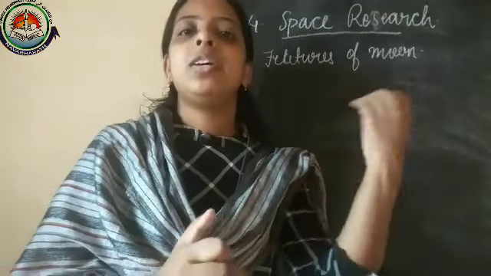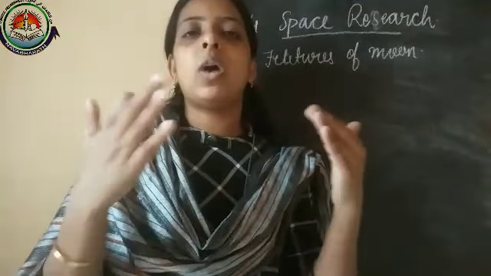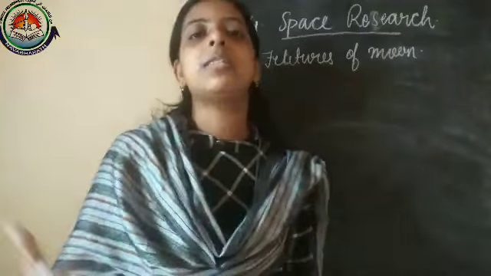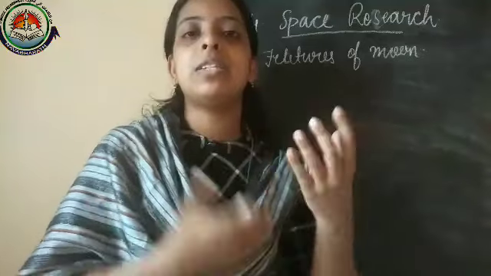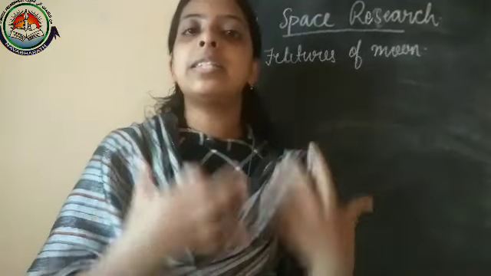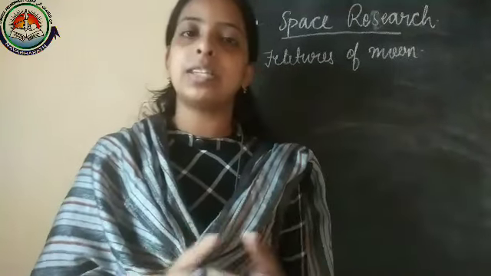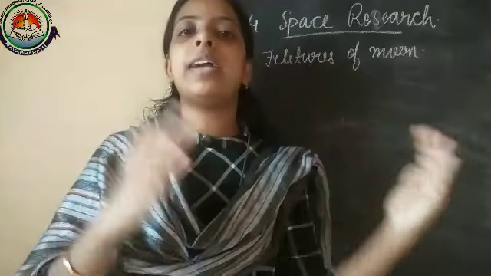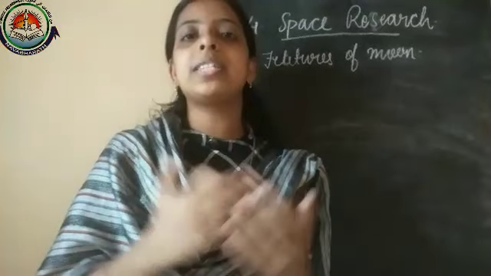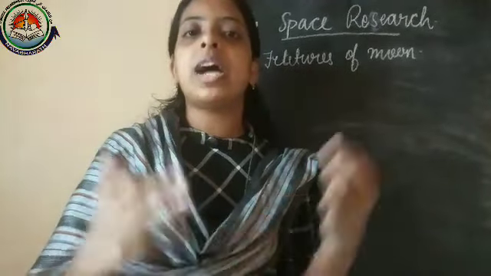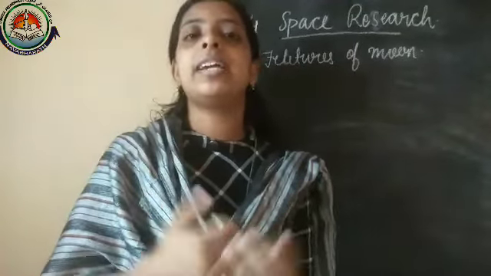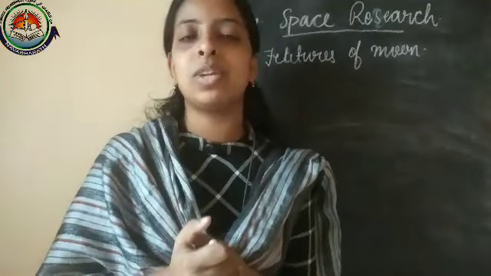Research in the field of space started years ago. In this lesson we are going to discuss some kinds of celestial bodies, and at the same time we will discuss the moon, stars, planets, and artificial satellites in today's class.